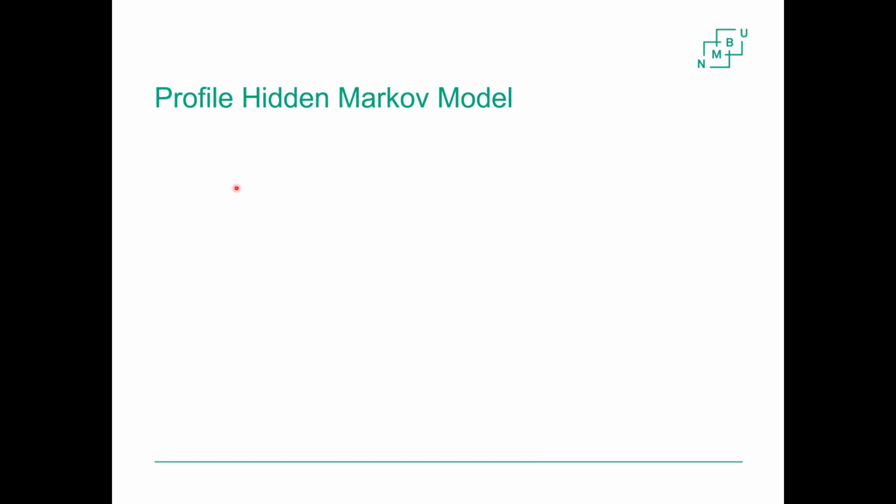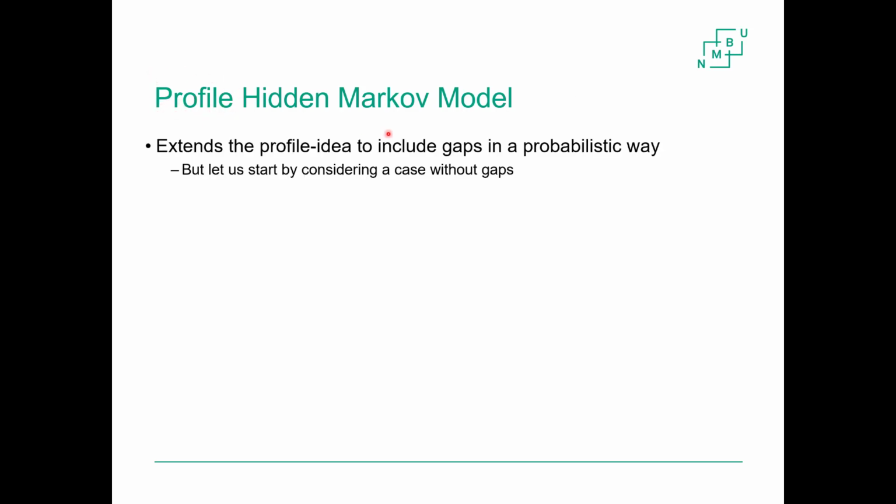But let's go a step further, you could say. Profile hidden Markov model. So you can see again the word profile is part of this. What is this actually? It extends the profile idea to also include gaps. And that's important when you have long patterns, because the longer patterns you have, the more likely it is that the sequences that belong to this pattern are not exactly the same length.